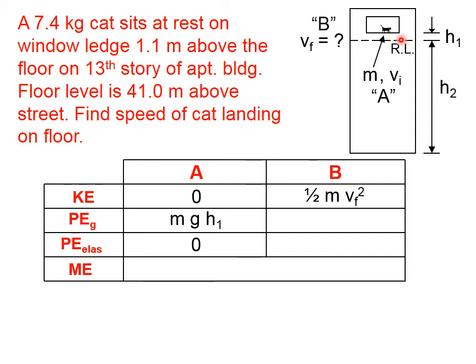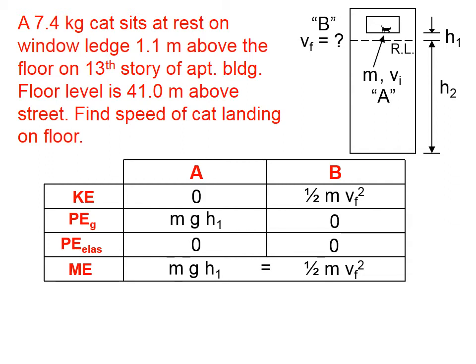Since we chose the 13th floor to be the reference line, essentially at snapshot B the cat will be at the reference line, which means his h will be 0, which means gravitational potential energy will be 0. Again, no springs to worry about. And then the conservation of mechanical energy idea says that the sum of these 3 terms must equal the sum of those 3 terms. Well, those are fairly easy to add up and set equal to each other.